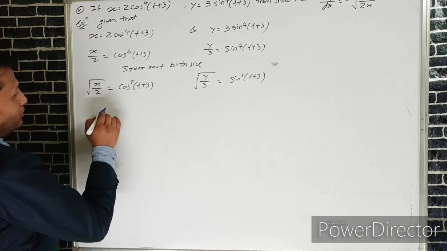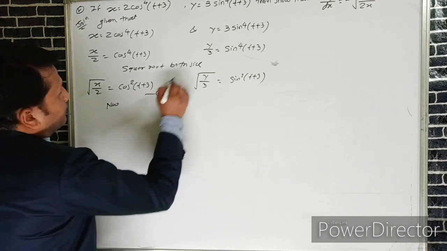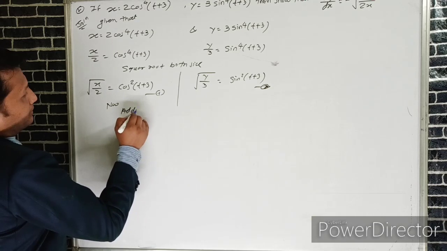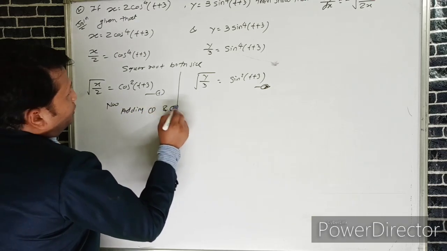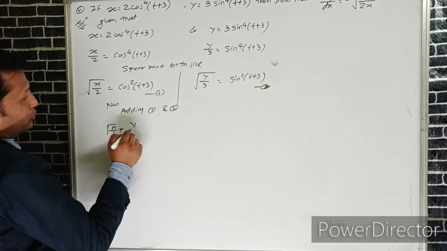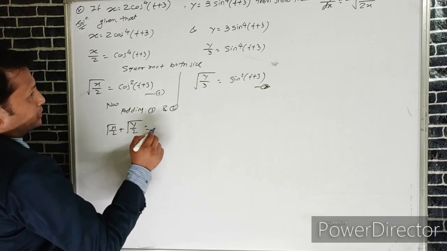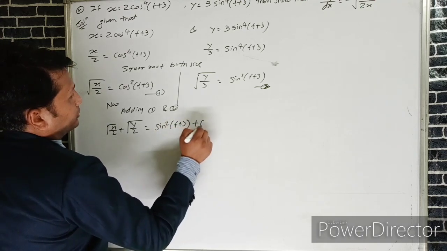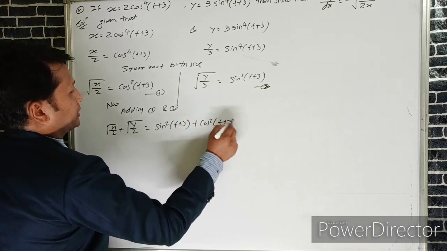Now if we add 1 and 2, we can write under root x by 2 plus under root y by 3 is equal to sin square t plus 3 plus cos square t plus 3.